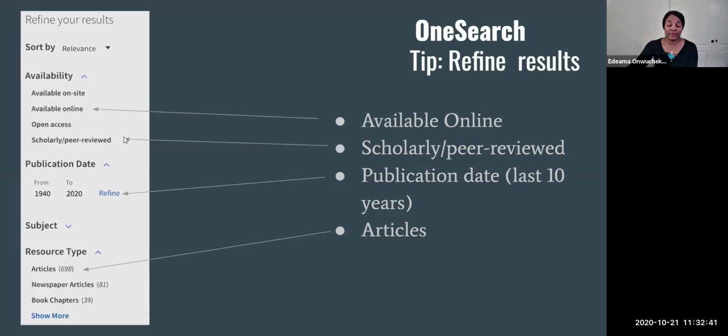Now, sometimes the instructor may say, of course, the instructor would always say, I would like to have scholarly and peer-reviewed resources or articles. You could refine your results based on that too. So I'll tell you briefly, scholarly resources or peer-reviewed resources are credible resources or articles that have been written by experts in the field, and they're scientific.